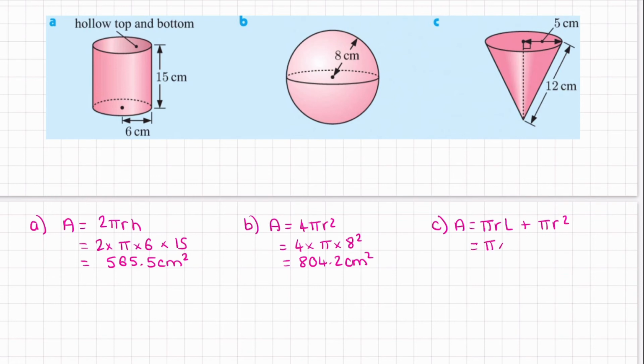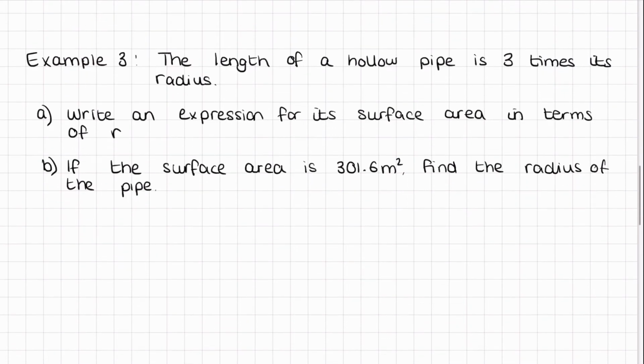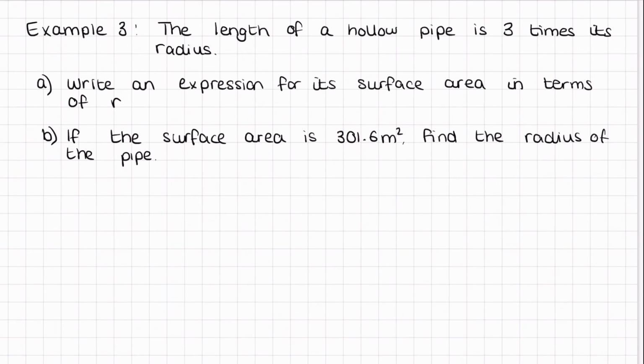So it'd be pi times the radius, which is 5, times the length of the cone, or the side, the slant length, which is 12, plus pi times the radius, which is 5 squared. And that gives us, to 1 decimal place, 267.0 centimetres squared.